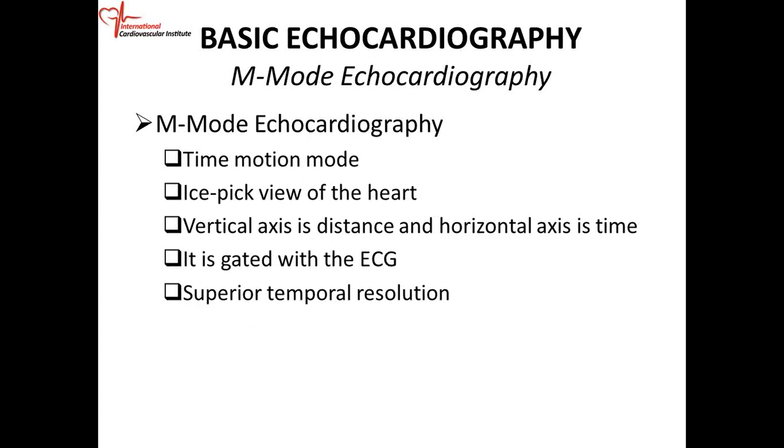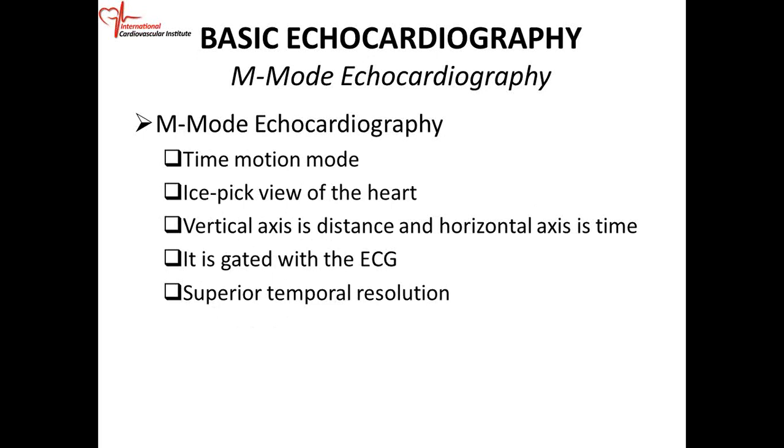When we say M mode, the M stands for motion. So it's a motion mode echo. What we have been teaching so far is what we call two-dimensional echo, where you can see length and breadth, so to speak, two-dimensional echo. But this is just a motion mode, okay? Or if you want to call it time motion mode, okay?